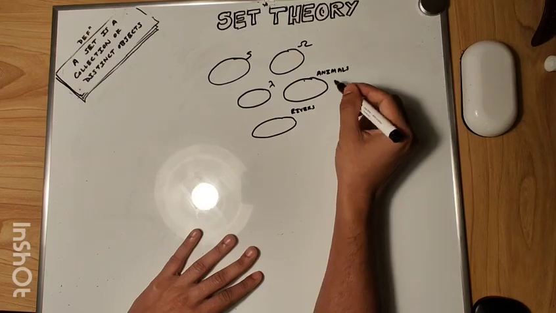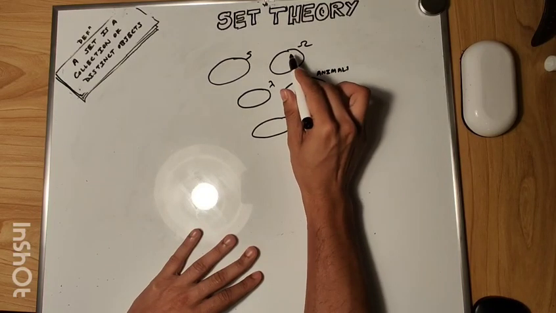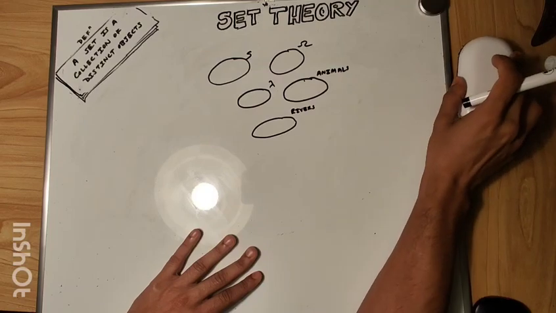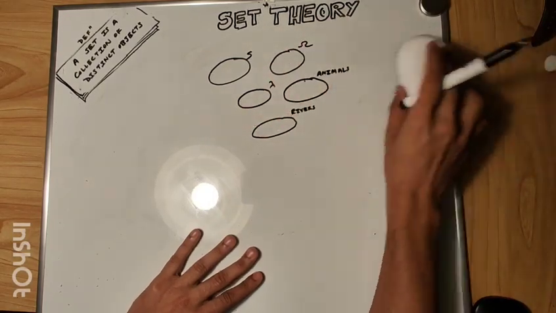So all of these are sets represented by ellipses and their names. This is just a representation, and that is how we are going to visualize sets.